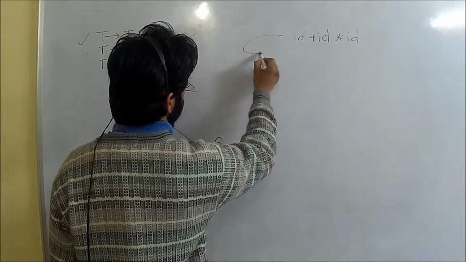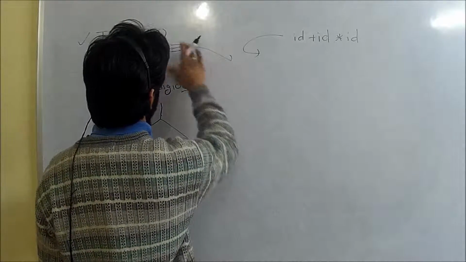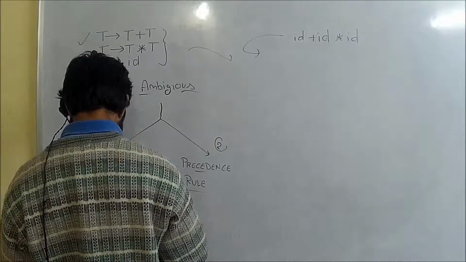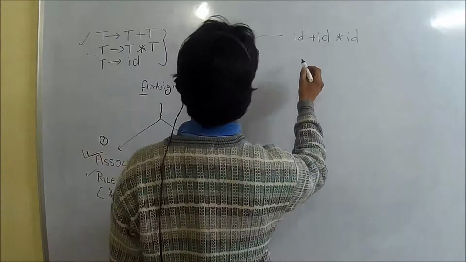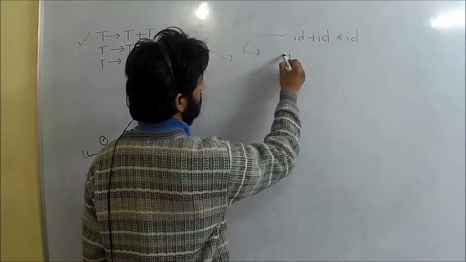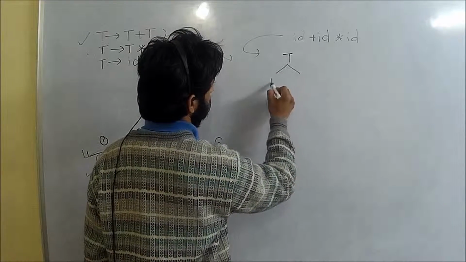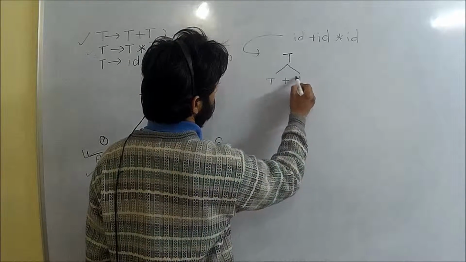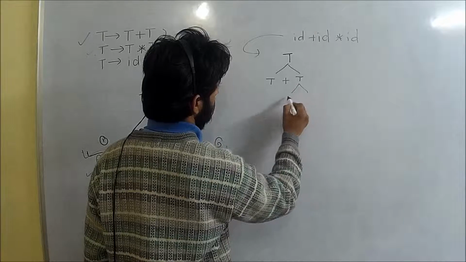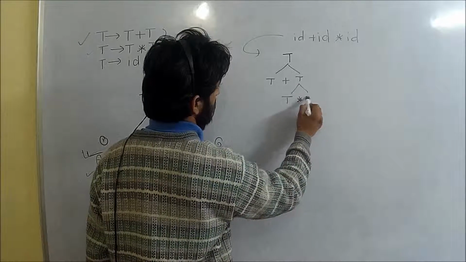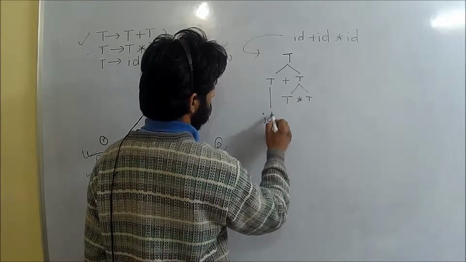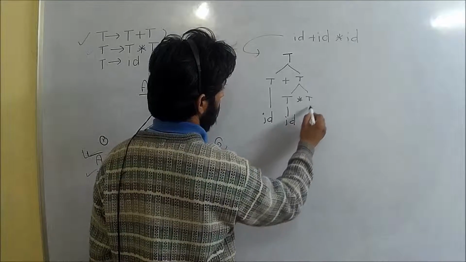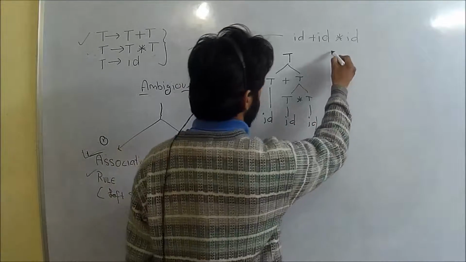Taking this string and this grammar, I have the following parse tree where T derives T plus T, here T derives T star T, and T derives id, id, and id.